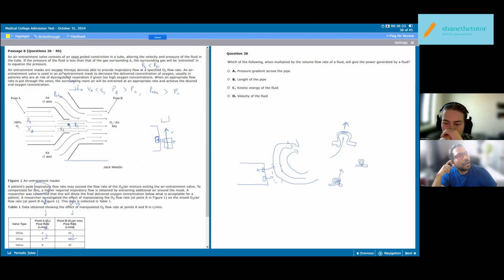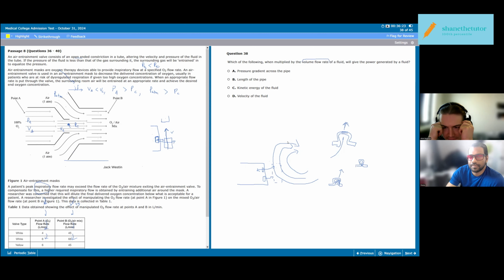Okay. So this is a question that we could even answer without the passage because we could just use units. Yeah. So they're asking which of the following, when you multiply by the volume flow rate, what's the volume flow rate unit?